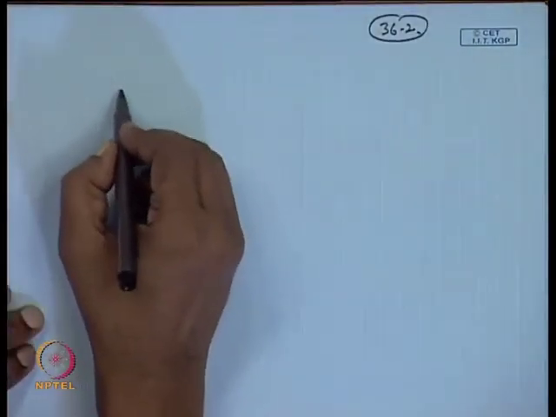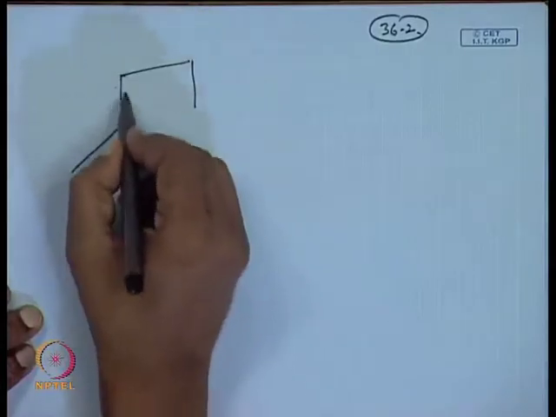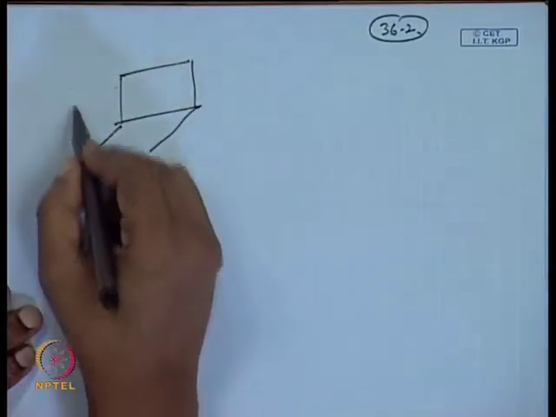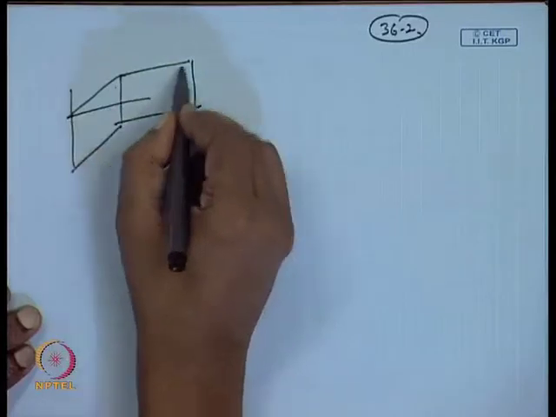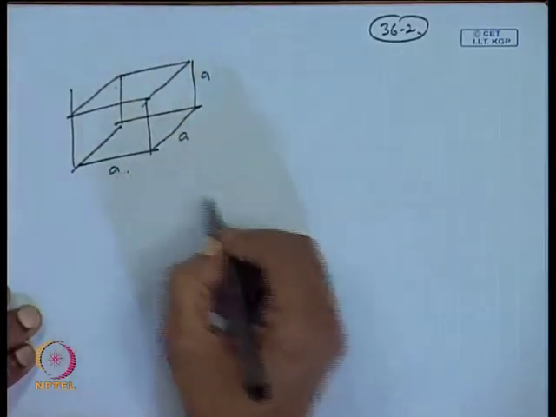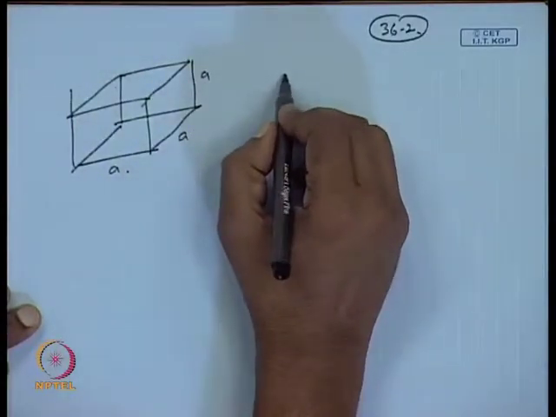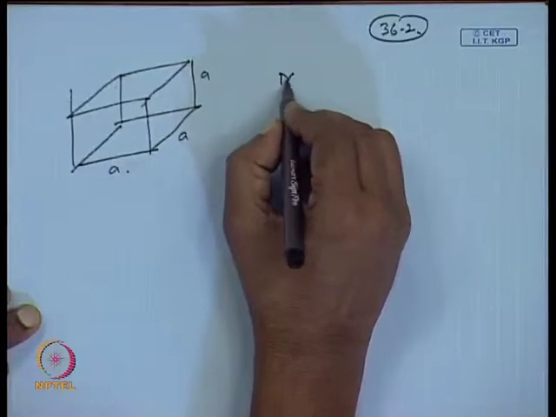Okay, so we had a cube, each side of the cube is A, and we assumed the mass to be m.